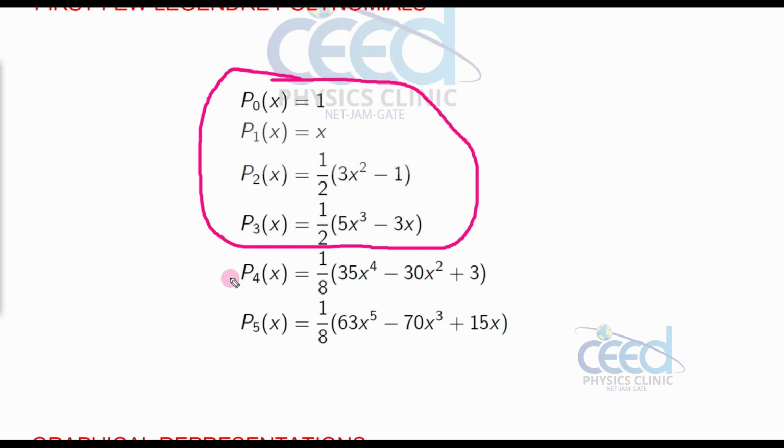To find P4 of x, you need the fourth derivative of a complex function. That is all time consuming. So it is better to memorize up to P3, and situationally you can find others using the Rodrigues formula also. So this is all about this session. In the next session we will discuss associated Legendre polynomials and 2-3 problems based on that. Thank you.